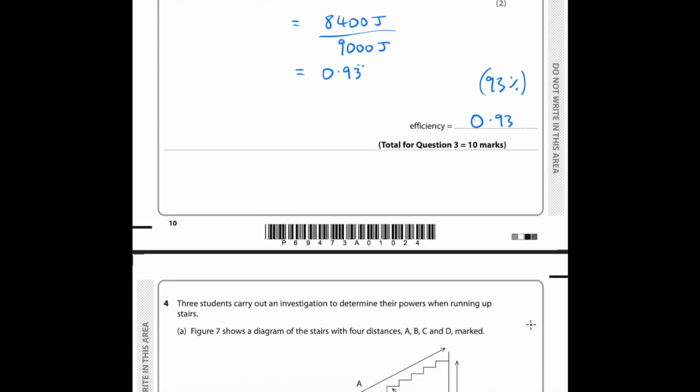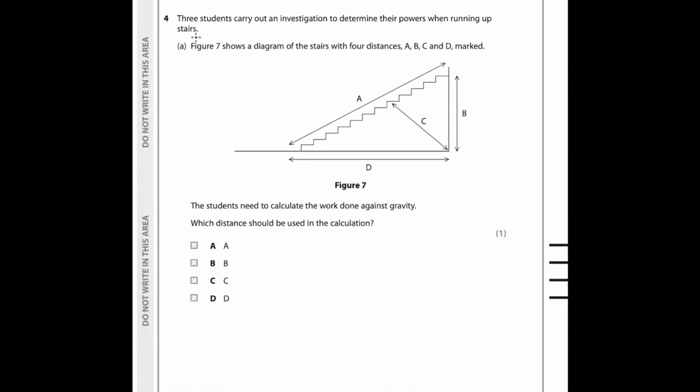Question 4. 3 students carry out an investigation to determine their powers when running upstairs. Part A. Figure 4 shows a diagram of the stairs with 4 distances A, B, C and D marked. The students need to calculate the work done against gravity.